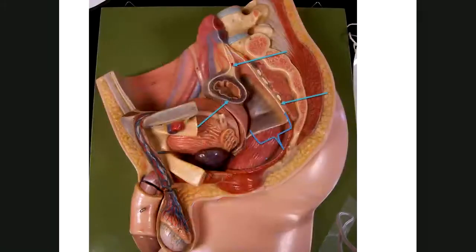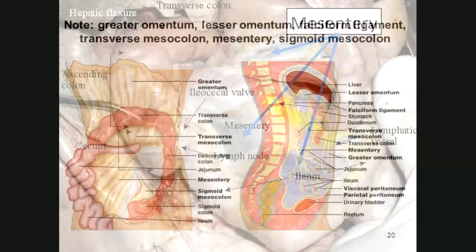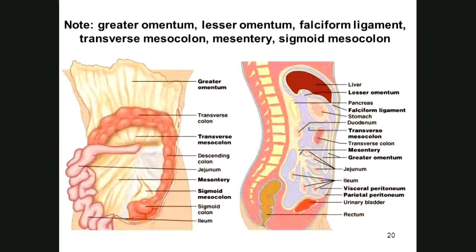So I guess I don't have a picture. Let me look one more. Here's a picture. So look, there's the large intestine, and here's this transverse mesocolon. All of this right here, that's the transverse mesocolon. That's this right here.